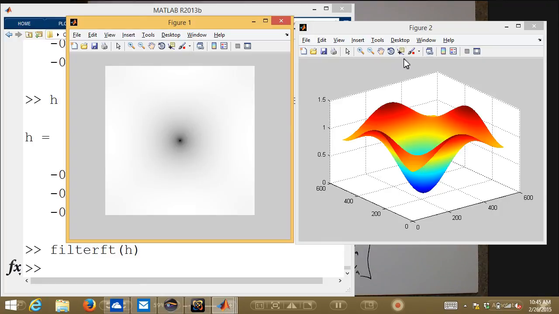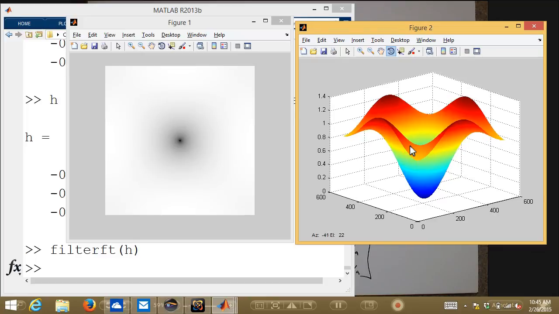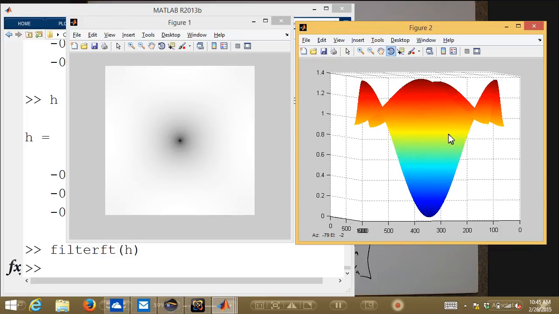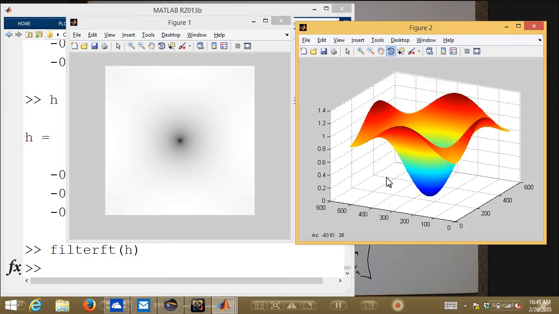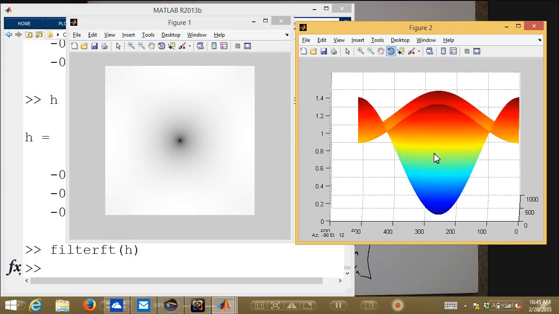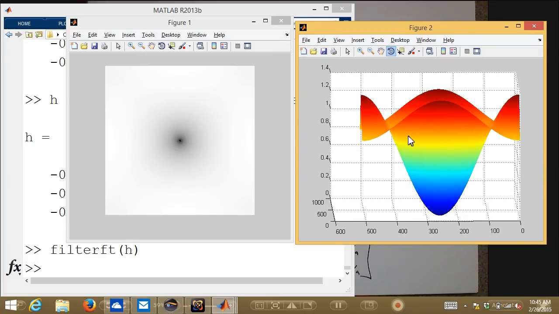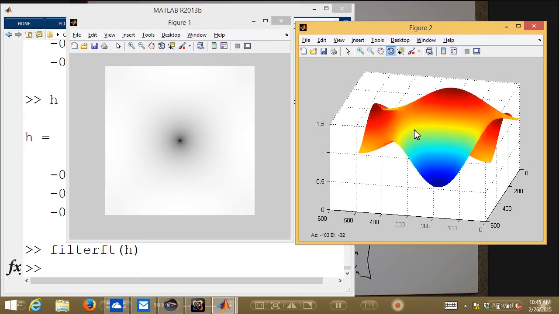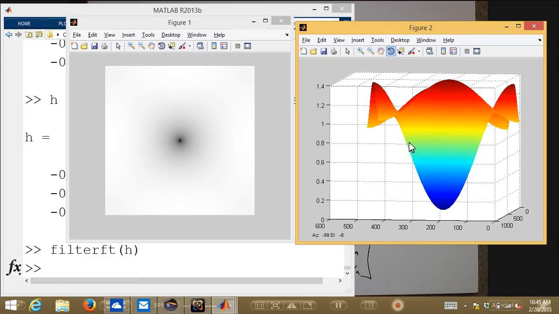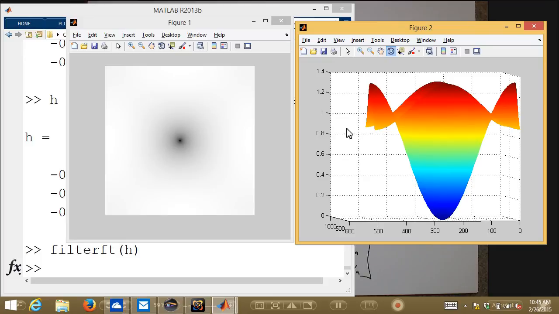I can see that this is basically the two-dimensional analog of a high-pass filter, because at the middle, at the DC value, it's 0. It's filtering out all the low frequencies, and it's keeping the frequencies around the periphery, meaning that it's got 1 around these high-frequency areas. Sorry, I'm trying to rotate this the right way here. So more or less the filter is equal to 1 in the high-frequency range and equal to 0 in the low-frequency range.